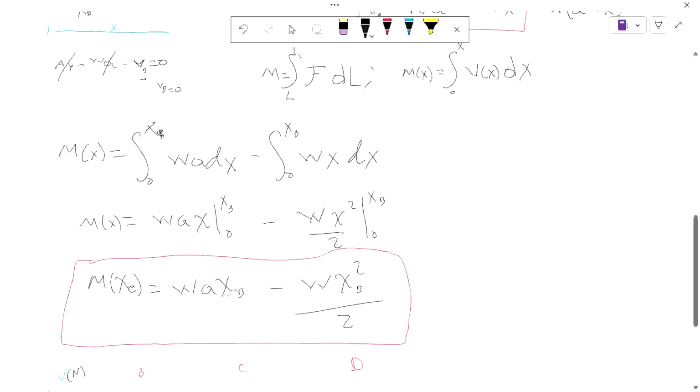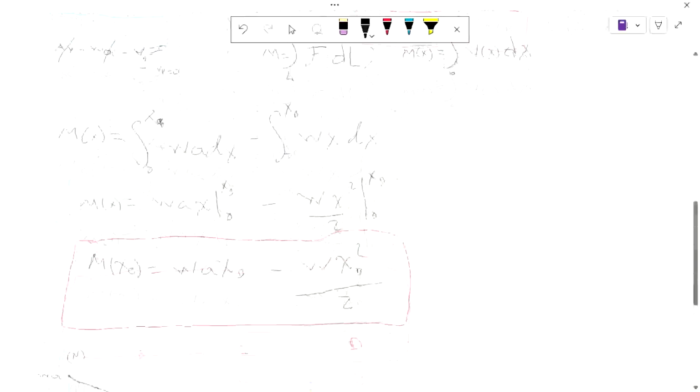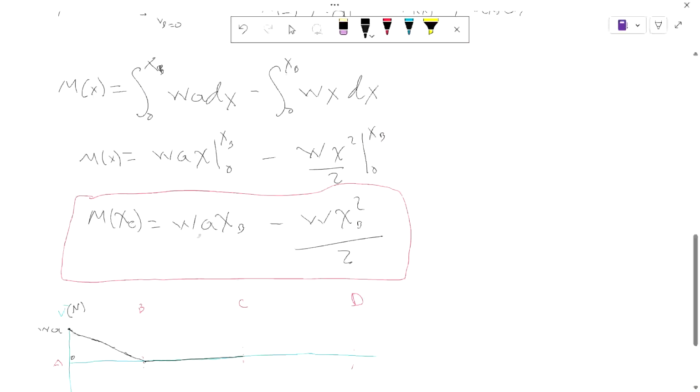Wherever x is 0, we're going to have 0 minus 0, so our moment is going to start at 0. And if x equals a, we're going to have WA squared minus WA squared over 2.